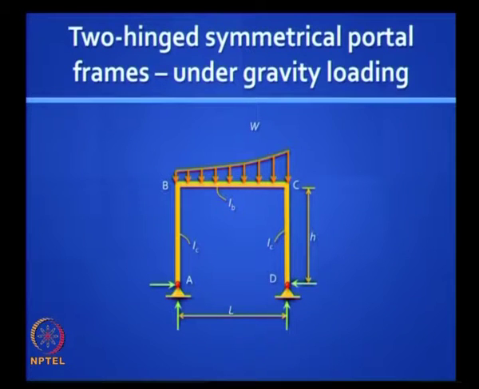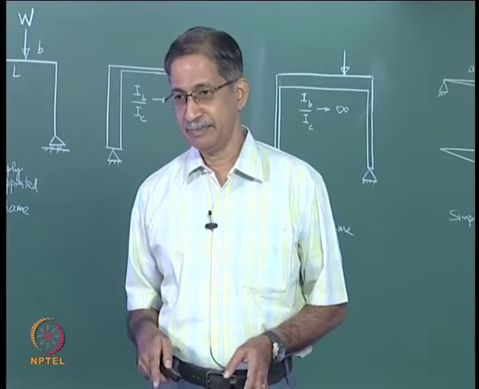How will this frame behave? First of all, can we calculate the reactions? You will notice that yes, if the resultant vertical load is W, we can get the vertical reactions as you would get in a simply supported beam. What about the horizontal reactions? What about the bending moment diagram?